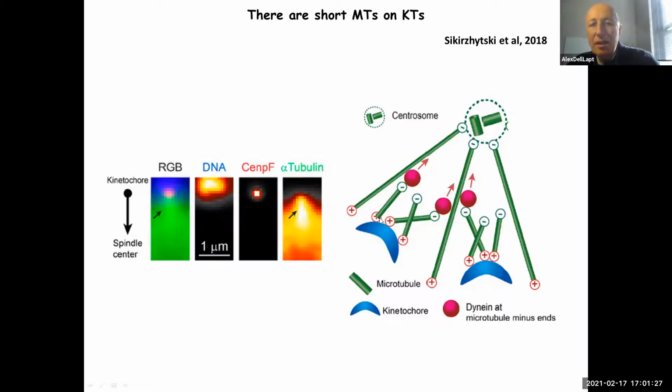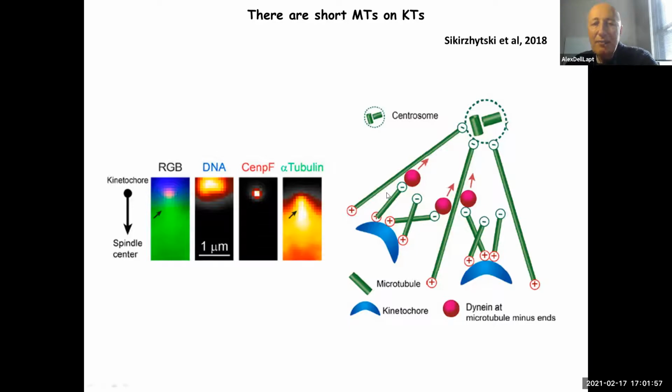There are short microtubules growing from the kinetochore with plus ends of the short microtubules, or the kinetochore minus ends, facing out, and there's this molecular motor called dynein on these minus ends. Now, dynein is the so-called minus end moving motor. It always tries to move to the minus end of the microtubules.